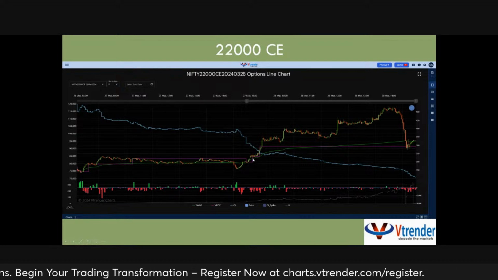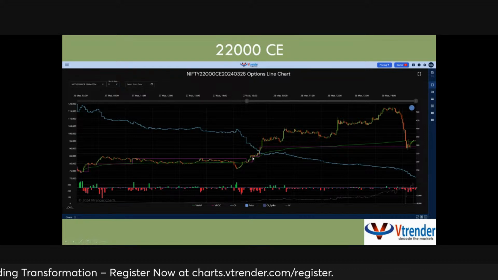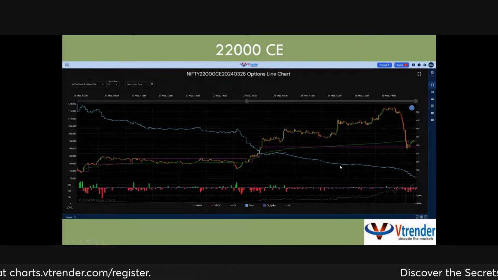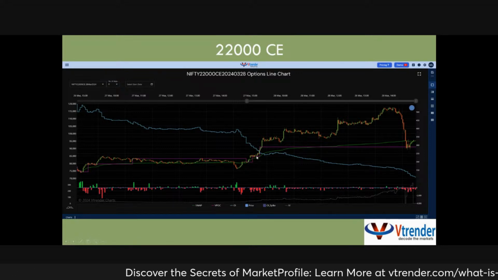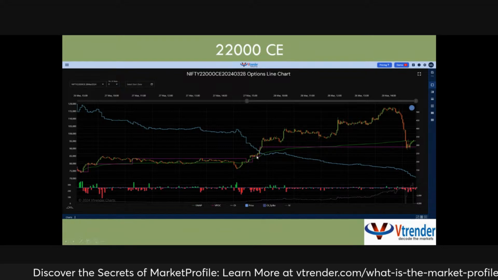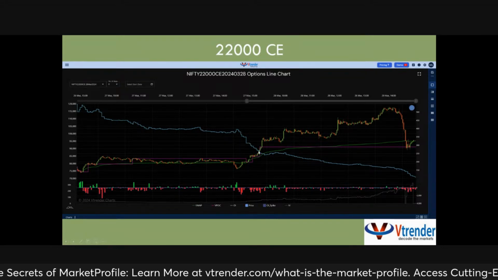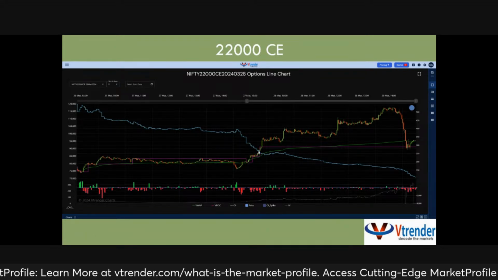So obviously this option was opening above that 215 reference, the POC, and it remained above this. So for the first time in almost 3 to 4 days, the call option was staying above the POC and the VWAP of that particular day. So this is when it was giving us that sign that it is going to go further up.